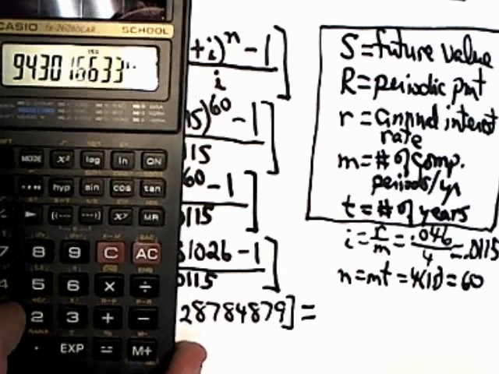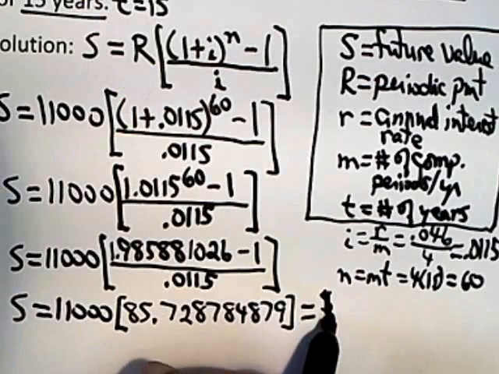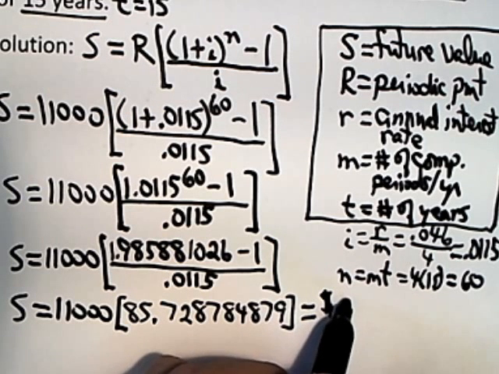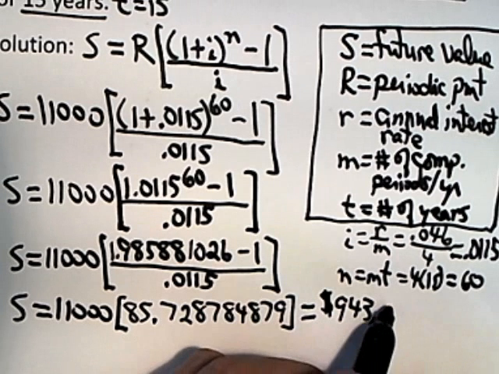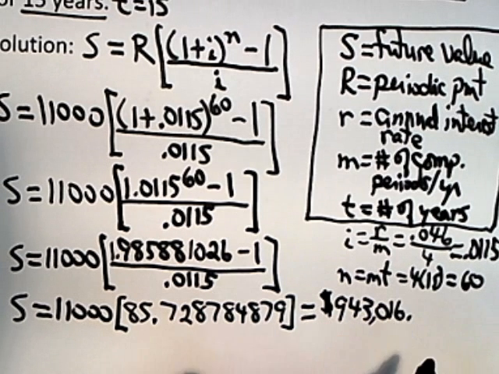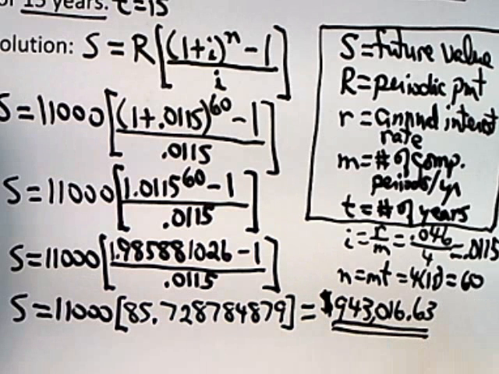And that tells me how much money that annuity would be worth. In other words, the future value of that annuity would be $943,016, and rounding to the nearest cent, 63 cents.